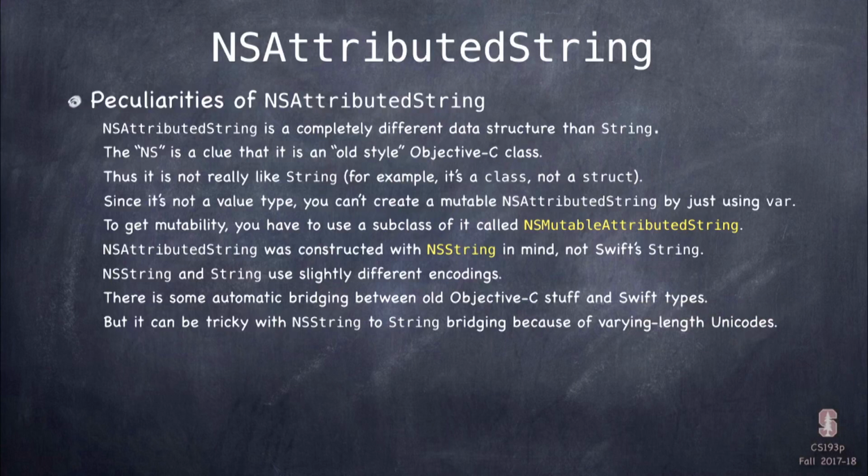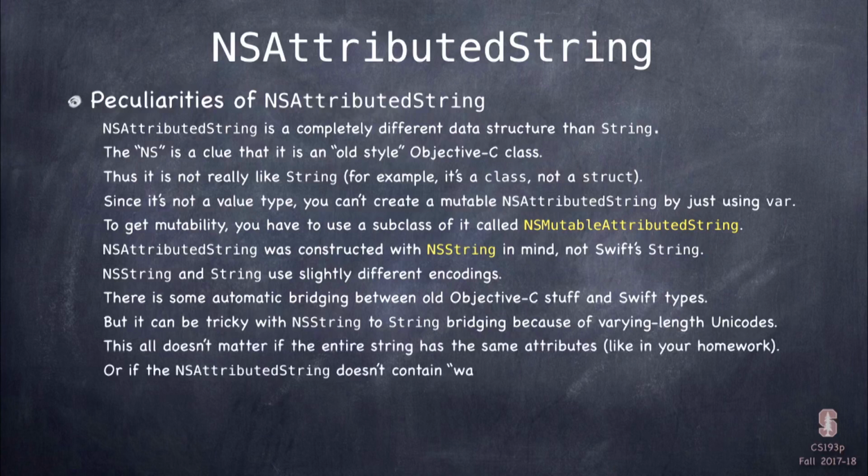So if you have any iOS API that takes an NSString as an argument, you can just pass a String. It just automatically works, except that this little encoding doesn't always get fixed up quite right. So the bottom line is if you are going to be trying to index into an NSAttributedString and you have wacky characters like emoji or café, the indexes might not line up very well.